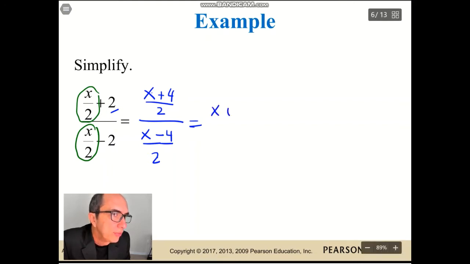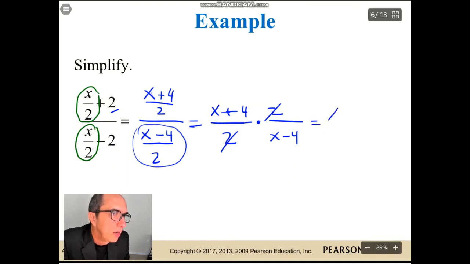So if we have division, this x plus 4 over 2 divided by x minus 4 over 2, we can rewrite as x plus 4 over 2 times the reciprocal of this denominator, which is 2 over x minus 4. Simplify 2 with 2, and we're going to have as a solution x plus 4 over x minus 4. Sorry, minus 4.